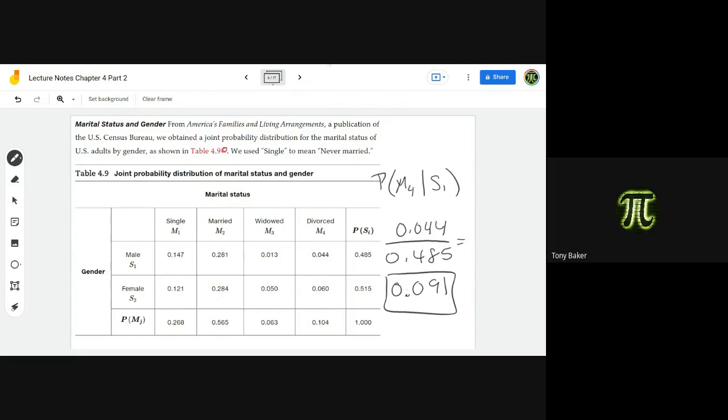All right, let's look at another one of those. What's the probability that the selected person is female, given that they're widowed?